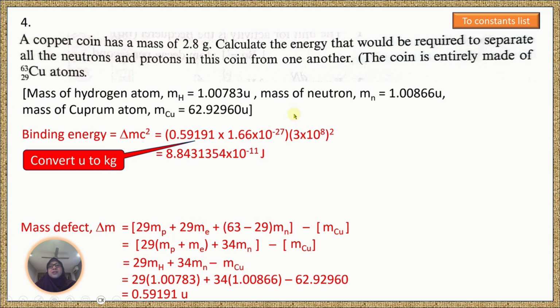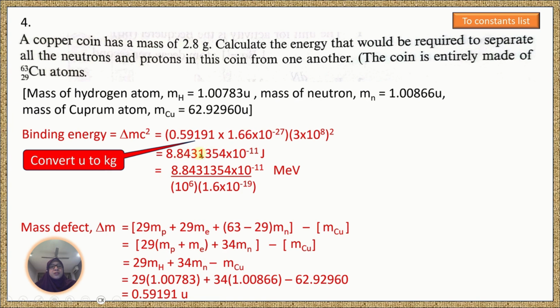Okay, but the question wants the energy that would be required to separate all the neutrons and protons in this coin from one another, so the answer in mega electron volt. For this one, we are going to answer it in mega electron volt. So don't round off too early.